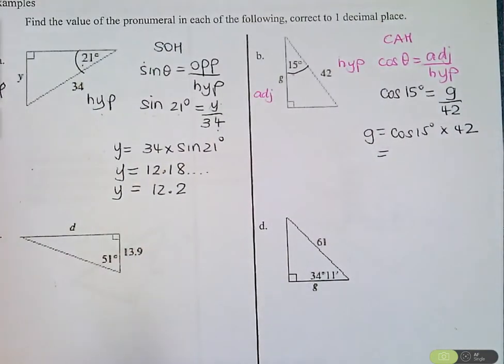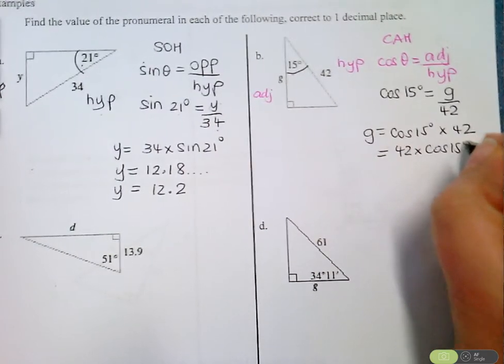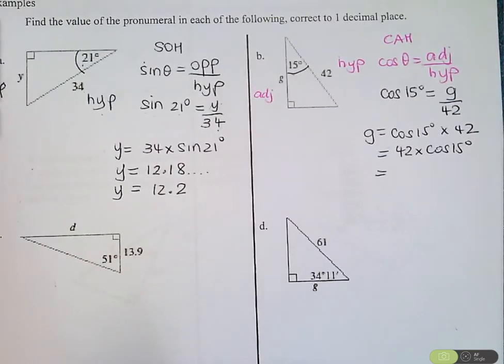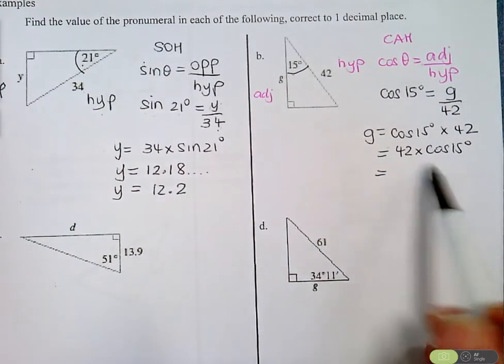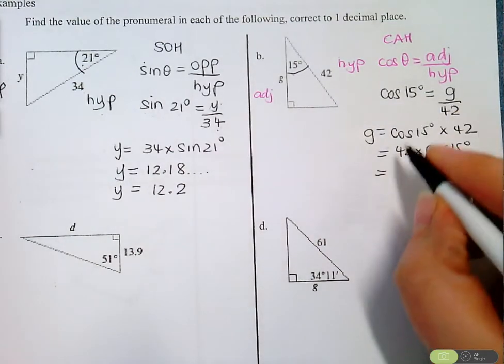I'm really worried that your calculator is going to put the 15 and the 42 together. I prefer you to do 42 times cos 15. Can you try it both ways on your calculator and see if one of the ways gives you a weird answer? Just make sure that doing those either way gives you the same answer. What do you get?